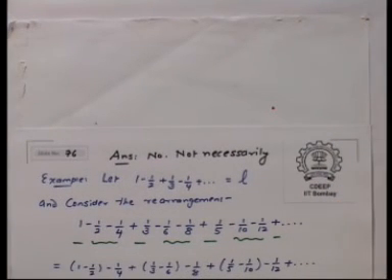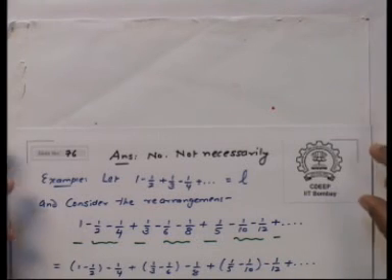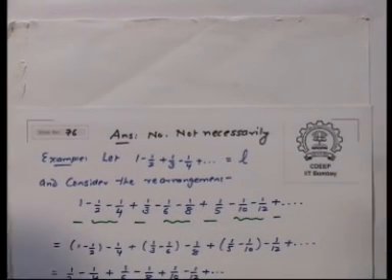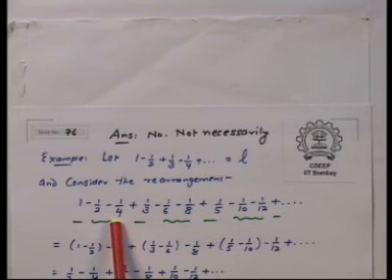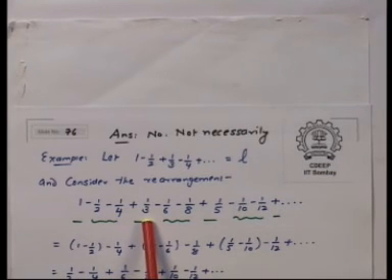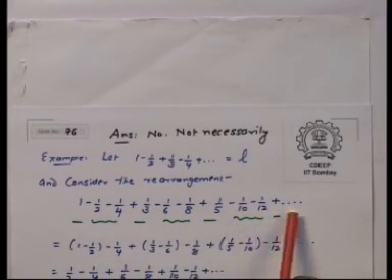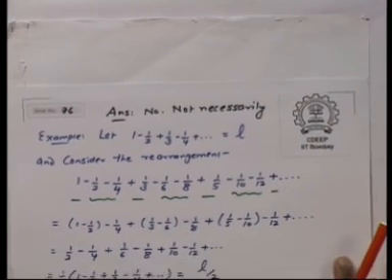The example is 1 minus half plus 1/3 minus 1/4 etc. is L. Let us look at the rearrangement. 1 minus half minus 1/4 plus 1/3 minus 1/6 minus 1/8 plus 1/5. So, I write the odd term first, followed by two even terms, and then the next odd term followed by two even terms, and then the next odd term followed by two even terms, etc. Then what I have done?